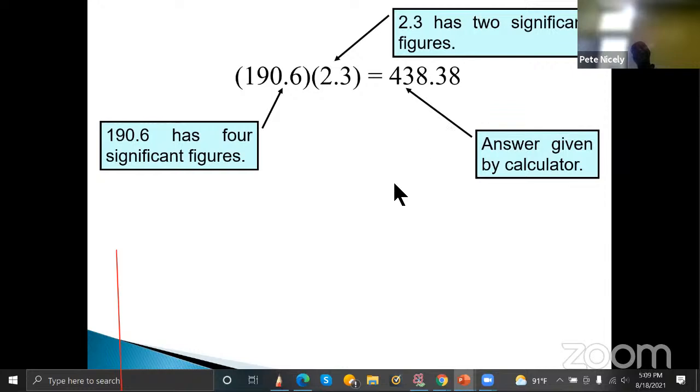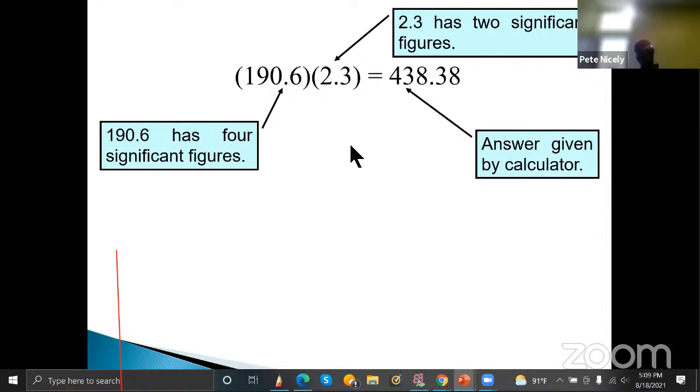To answer that, based on the rule I just mentioned, you have to look at the number of significant figures in the two numbers involved in the calculation. As stated here, the 190.6 has a total of 4 significant figures, and the 2.3 has a total of 2 significant figures. Since this number has the lower number of significant figures, that is what will influence the extent to which you round off your final answer.